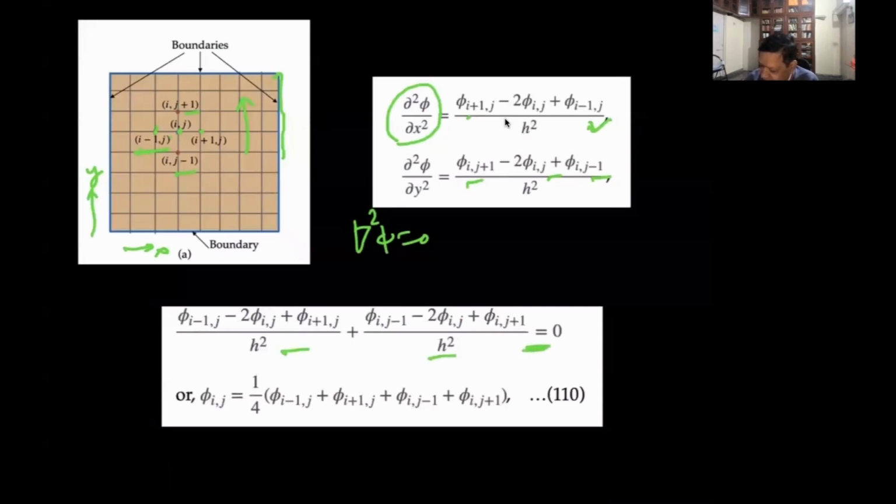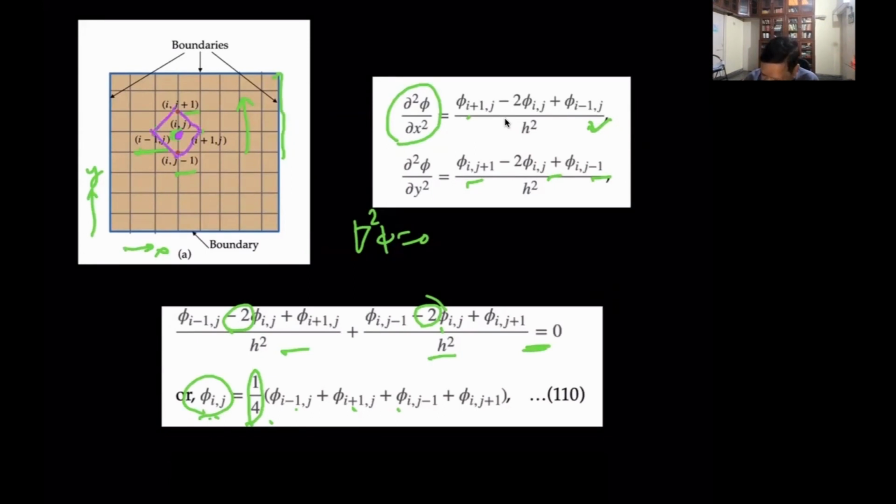If you sum it up, I'll get this equation. We rewrite this by pulling out phi i comma j. So 2 and 2 makes it 4. This goes to the left hand side and this whole thing goes to the right hand side. So I get 1/4. So phi i comma j is 1/4 of phi at the 4 neighbors. So the potential here, you can see my cursor, the potential here is the average of phi at the 4 neighboring points.